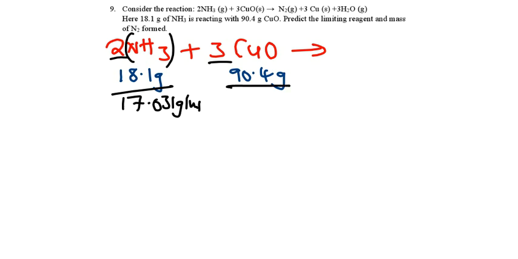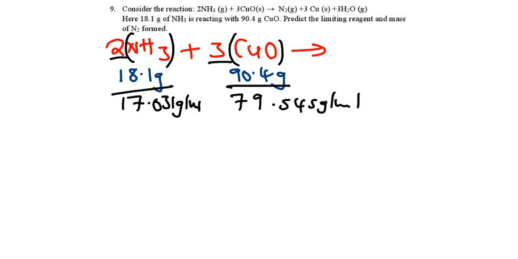For copper(II) oxide, ignore the 3 as well. Check your periodic table for the molar mass of copper and add the molar mass of oxygen, which is well known. If you add the two, the approximate value I'm getting here is 79.545 grams per mole.